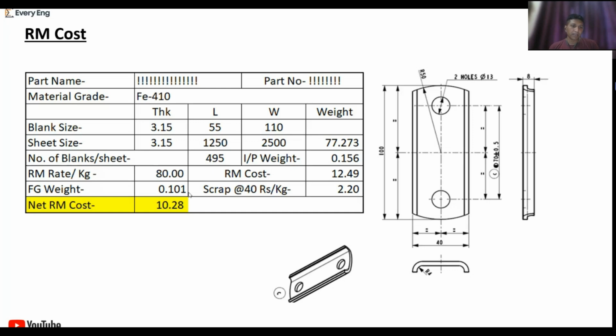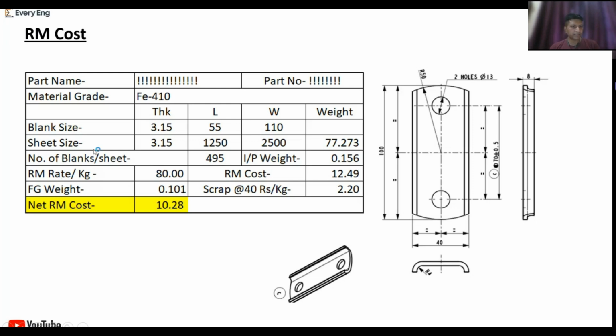So the number of blanks per sheet is 495, and the part input weight is total weight divided by number of pieces. So when we get the input weight, it is 77 divided by 495. So weight is 0.156 kg. This weight will be in kg.